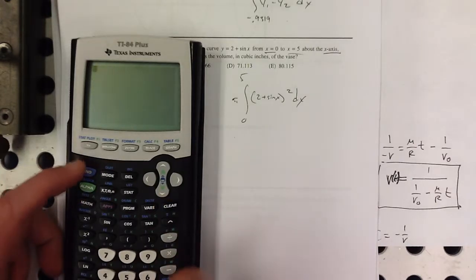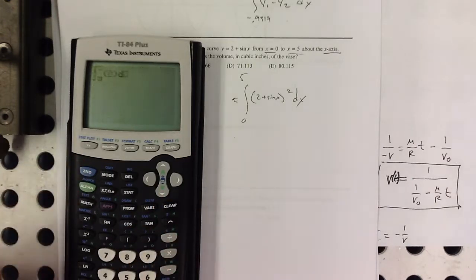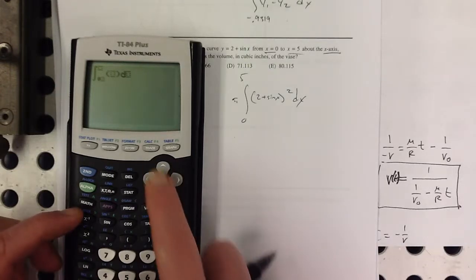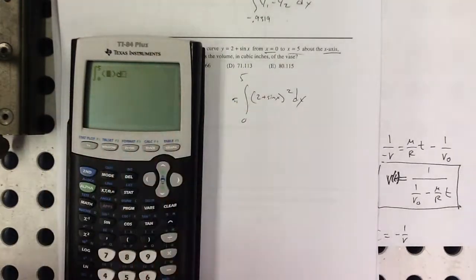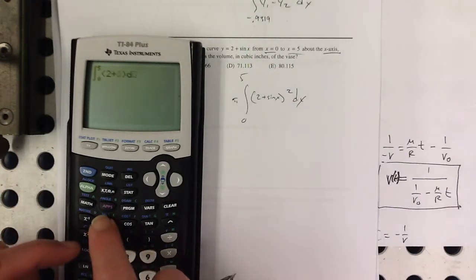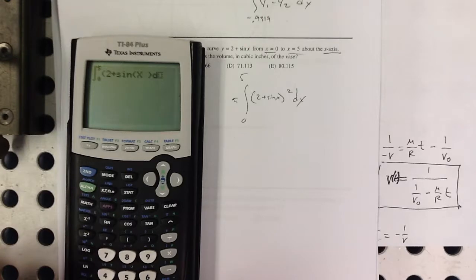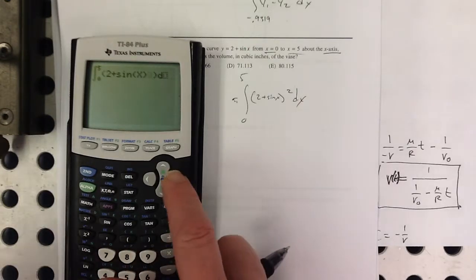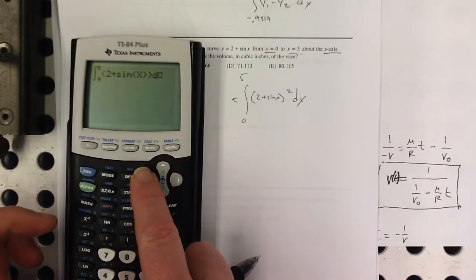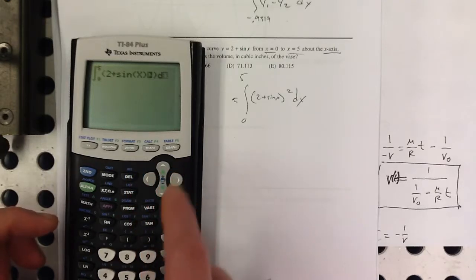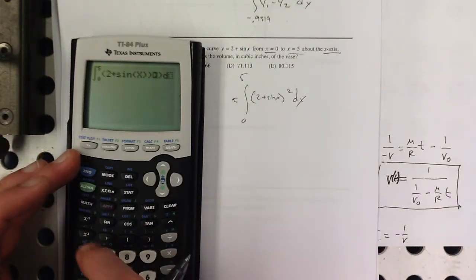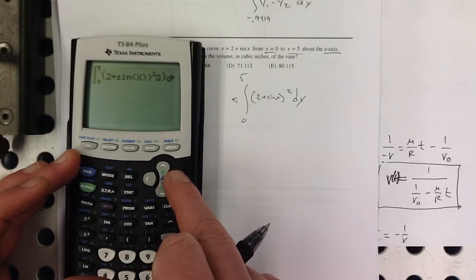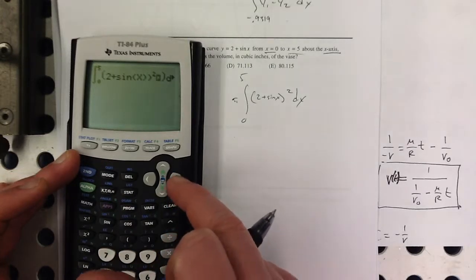I'm going to clear out, I'm going to have to look at that last problem. So, math 9, I'm going to go from 0 to 5. I forgot the pi on there, be careful, I'm going to multiply by pi at the end. I bet you the answer is there if you forget to multiply by pi. Sine x, and then that whole thing, that's not right.